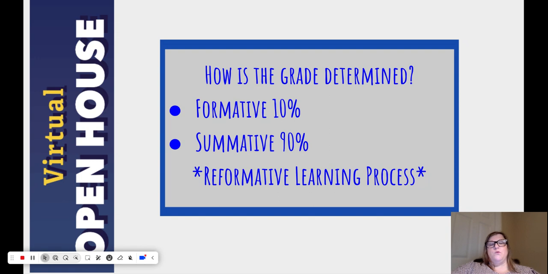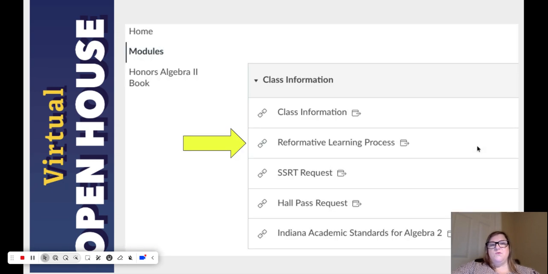So before we take that summative assessment, there are several formative things that go on, and then almost daily self-checks that students have. Over the years I've developed what is called a reformative learning process. If you would like to see the details of that, it is in our Canvas module underneath the class information, but I'm just going to outline it very quickly here.